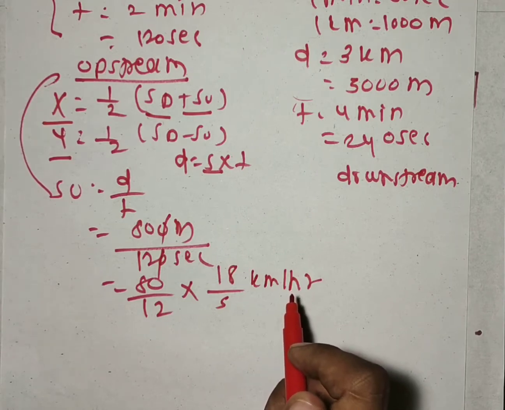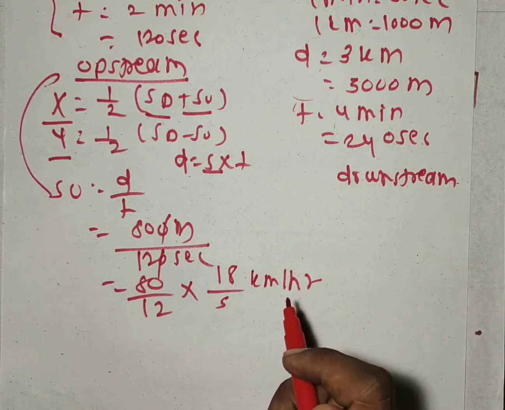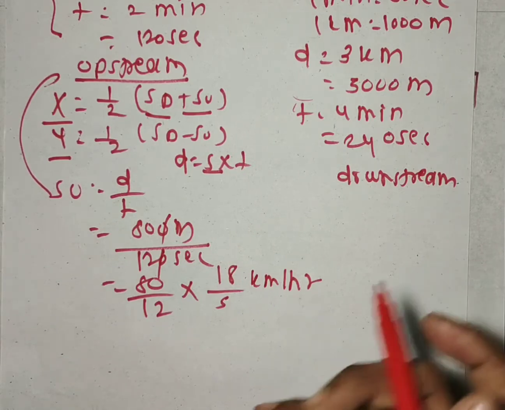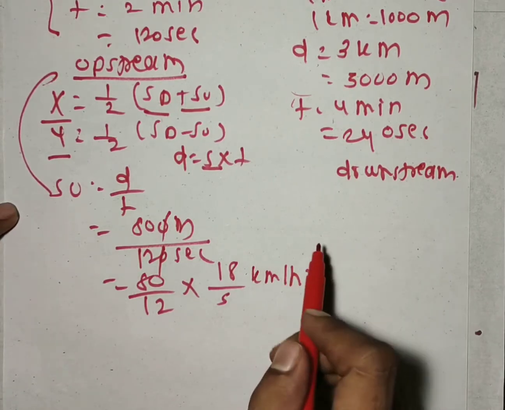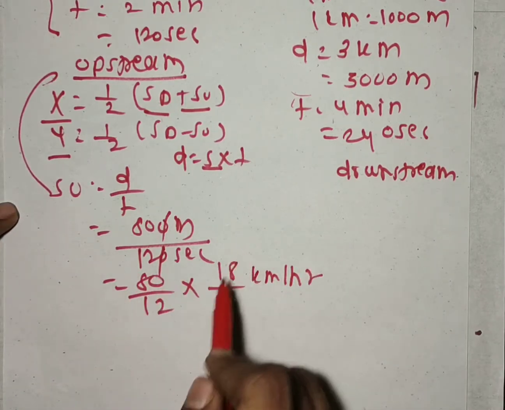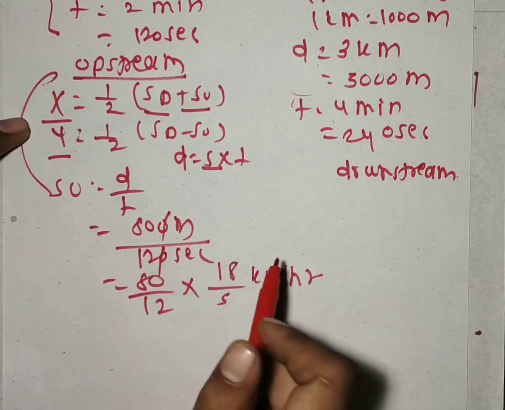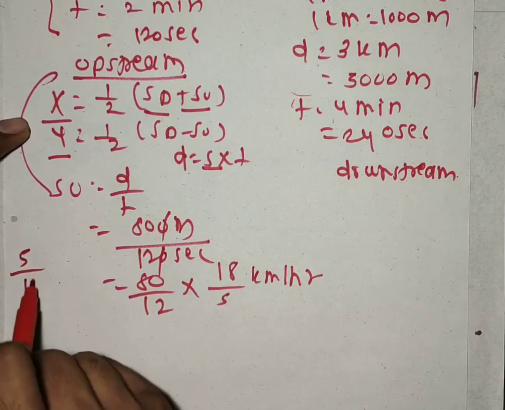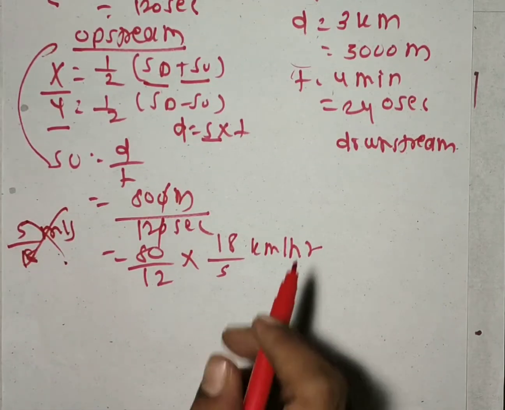You can go to the speed, time and distance playlist and find it there. Just remember that to convert into kilometer per hour we multiply by 18 by 5, and to convert into meter per second we multiply by 5 by 18.